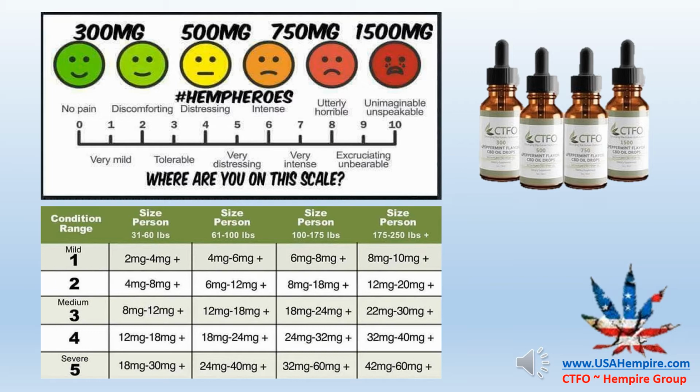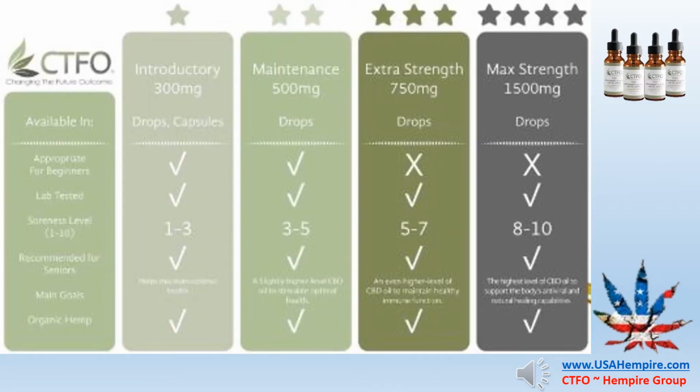All right, so what we're going to do now is figure out which of our bottles is the best way to come up with that 30 milligrams. Here you will also see that CTFO has come out with a similar chart, and it points out some extra super cool stuff. It points out our introductory, our 300 milligram, our 500, 750, and 1500 milligrams.